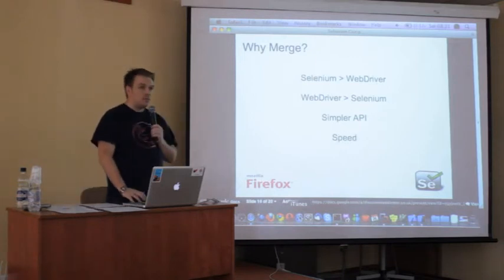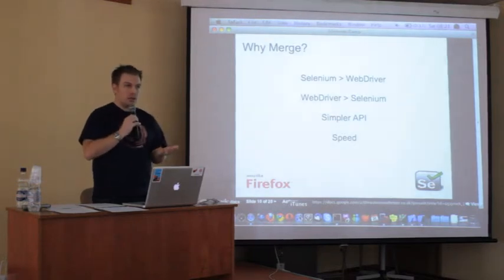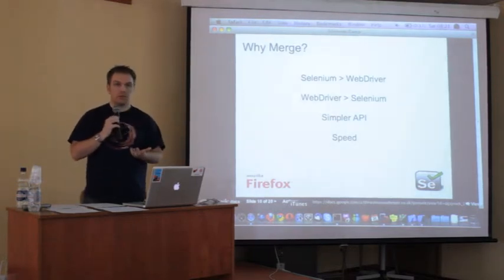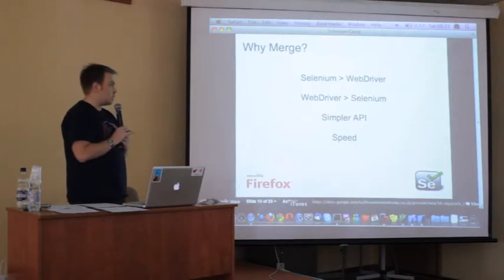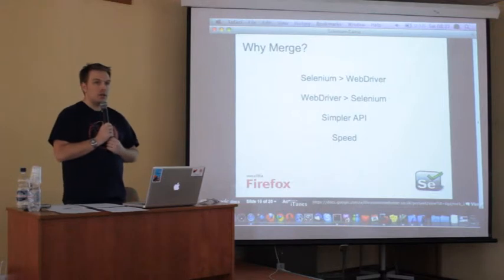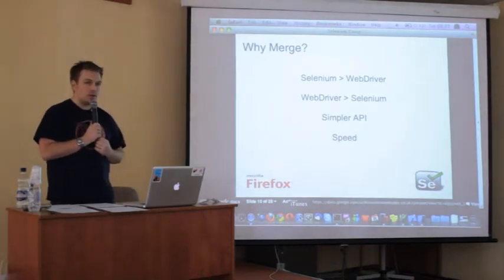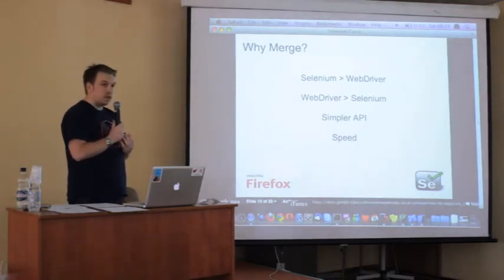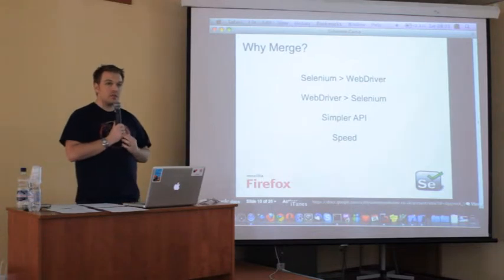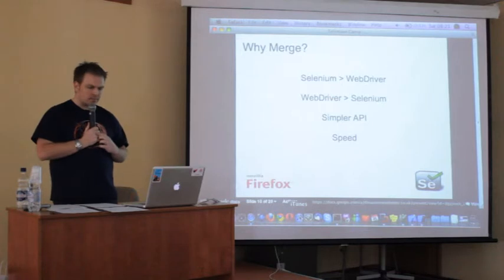Then obviously, because it's not constantly going through a middleman like Selenium RC, it runs a lot quicker. I've seen cases where Selenium 2 is running at least 3 times faster. But if you then factor in something like Internet Explorer and you're using XPath, I've seen it go up to about 10 times faster. So it makes things a lot better.